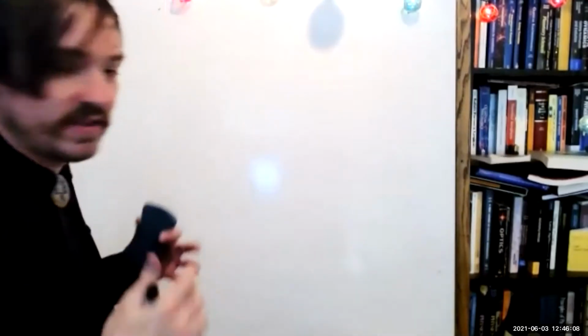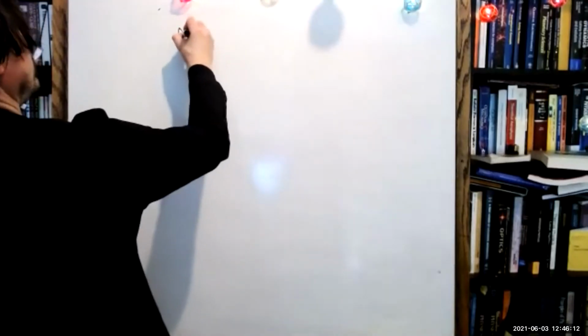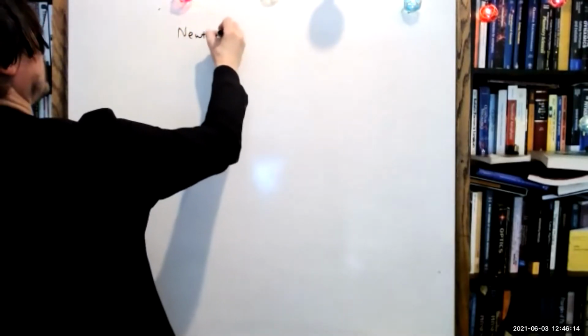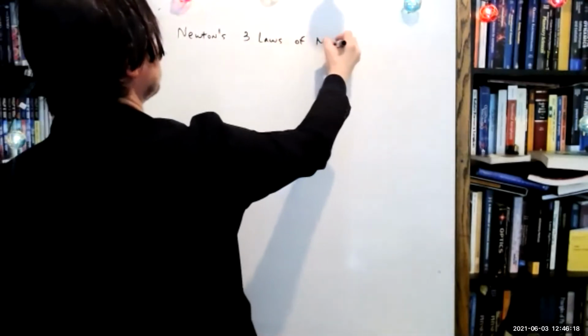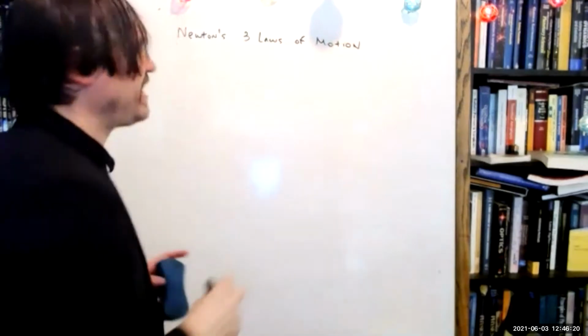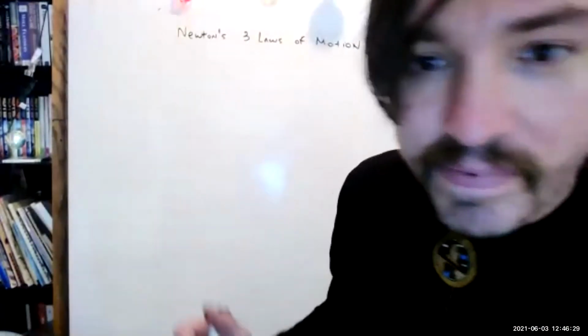So at some point during this Principia Mathematica, Newton developed what are now known as Newton's 3 laws of motion. For newbie science students, try not to confuse Newton's 3 laws of motion with Kepler's 3 laws of planetary motion. There's going to be a bunch of these that get all mixed up in your head.